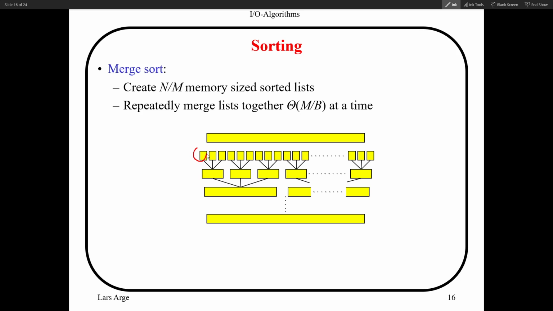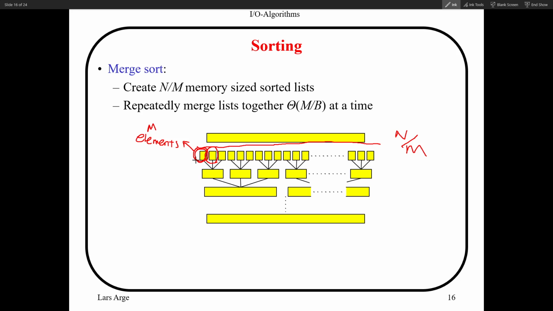Inside each list there are M elements, so the number of these lists is N over M. We can sort them initially. Just read all of these elements, they all fit inside memory because they're M elements. We sort them inside the internal memory and then write them to the disk. Then we load the next M elements to the memory, sort them and write them to the disk, etc.